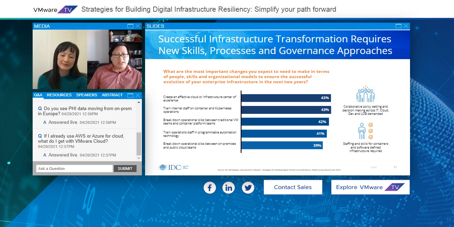Some of the strategies people are taking: one, having a center of excellence. You start off with a leading edge group, and they do all the pioneering work, and then they help the rest of the organization follow in their footsteps. We've seen that as a really popular thing. The other part is obviously training, whether that's containers or Kubernetes or automation, trying to get these new modern skills into the workforce.